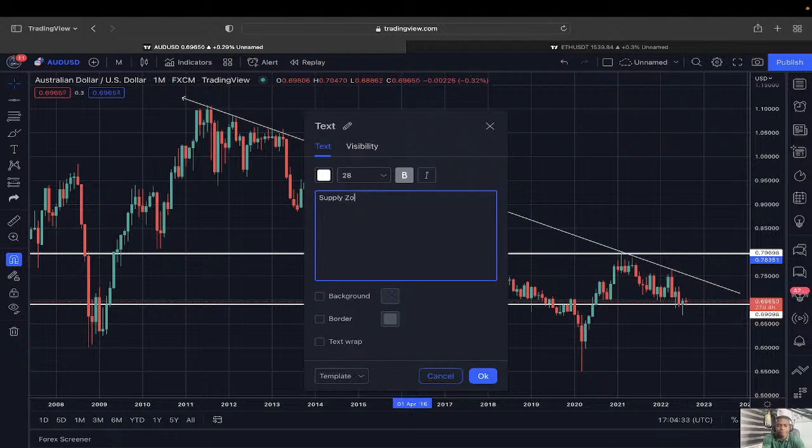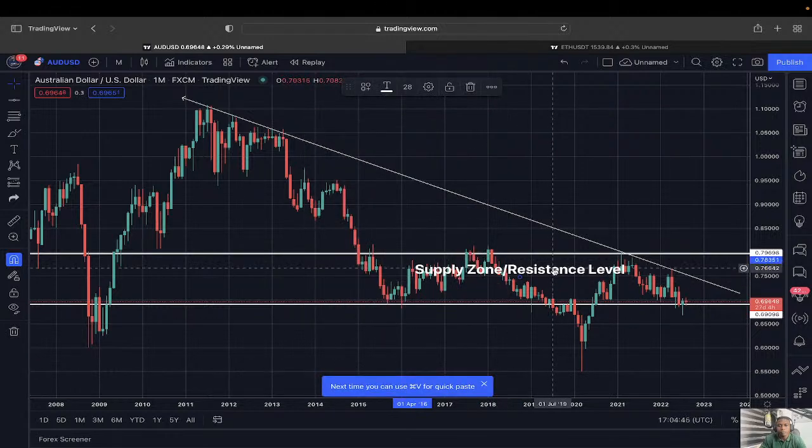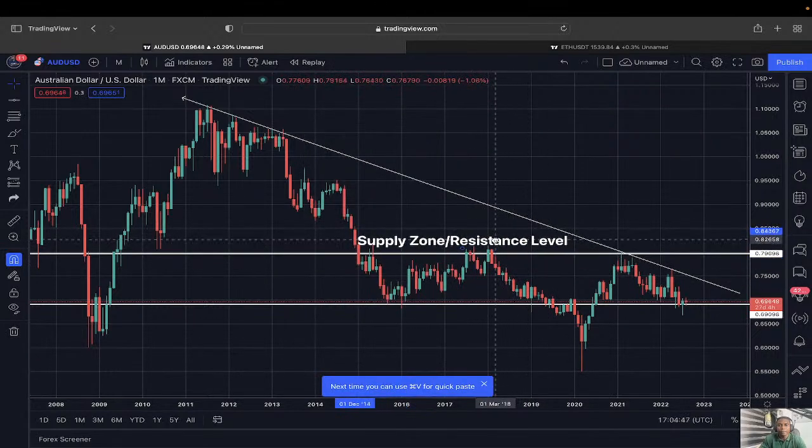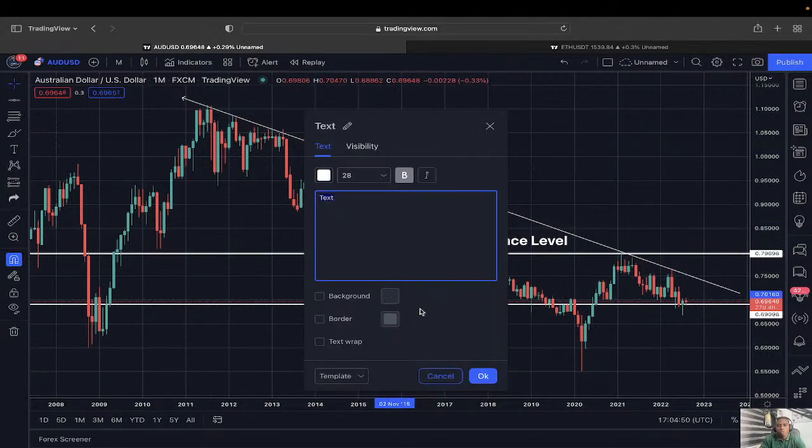Which is also known as the resistance level. And then we have the demand zone, which is also known as the support level.